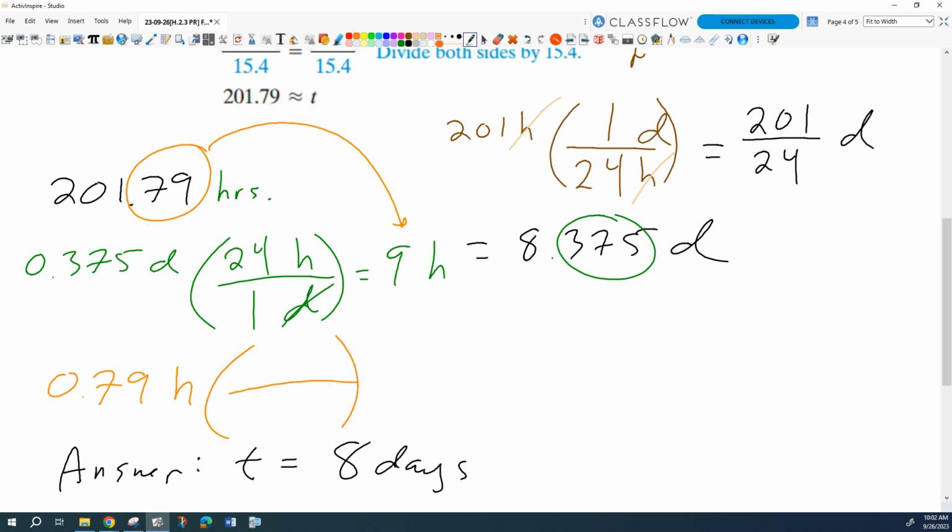What do I want to end up with? Minutes, okay? So minutes goes on top. What goes on bottom? Hours. What's my changer going to be? What numbers go on top and bottom here? 60 goes where? Top, okay, because there's 60 minutes in 1 hour.